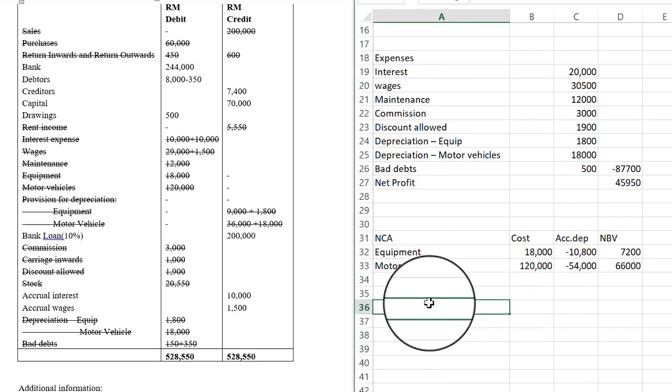So here in your bank, current asset. Bank, you have in total 244,000. Then your debtors in total will be 7,650. These are debtors. Then you have your closing stock, 9,500.